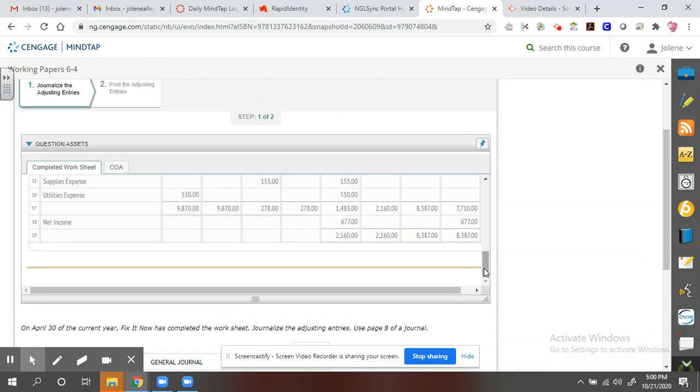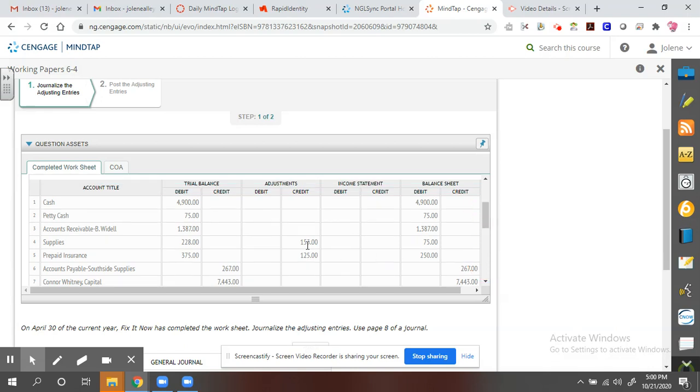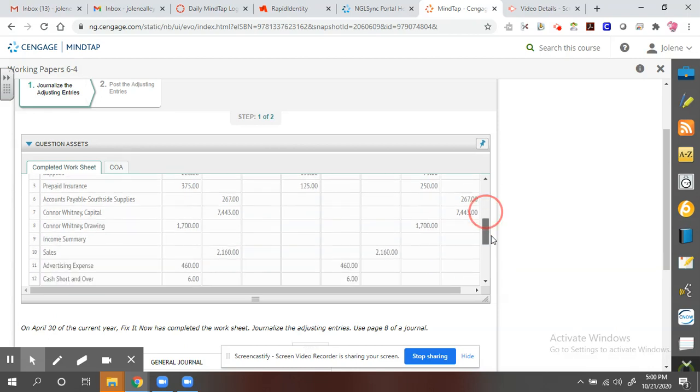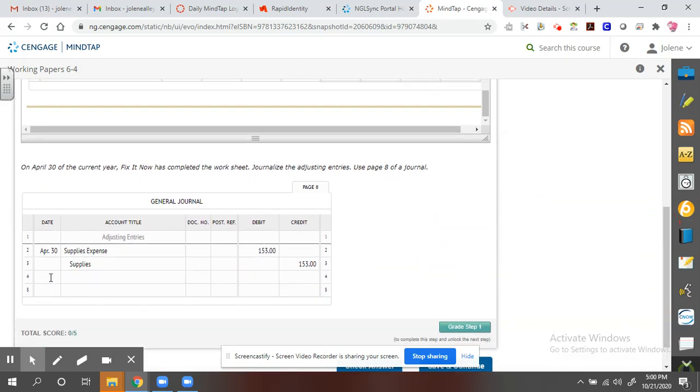If you look up in the worksheet, supplies expense is the debit, and the credit is the supplies, because that's how much they used up for this time period.